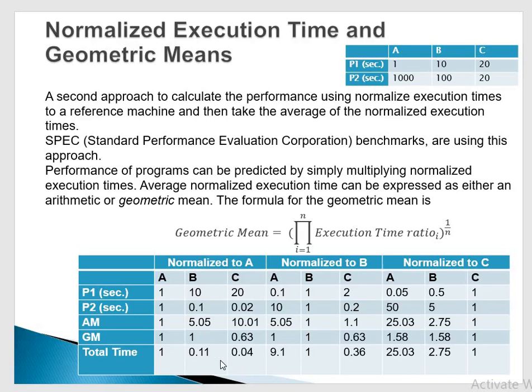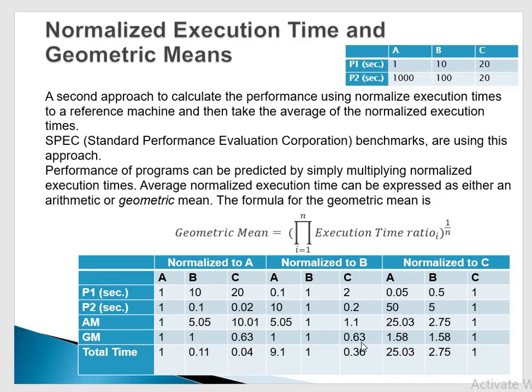If we look at this, then computer C is the fastest computer, and computer B is almost 2.5 times slower than computer C, or computer C is 2.5 times faster than computer B, and A is the slowest computer.